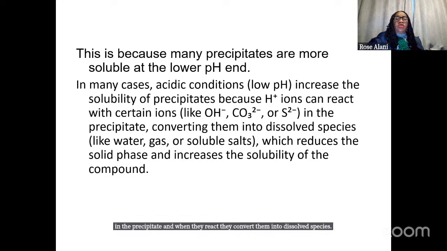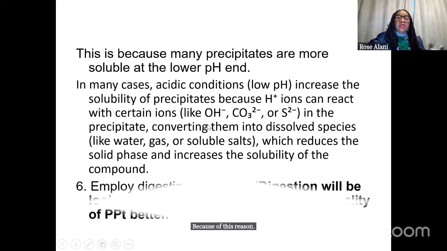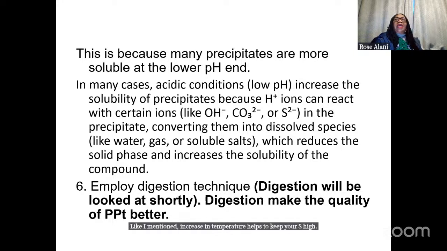So you don't have to carry out your precipitation in very low pH conditions because of this reason. So employ the digestion technique. Like I mentioned, an increase in temperature helps to keep your S high. And when your S is high, you can easily form crystalline precipitates that are easily filterable.